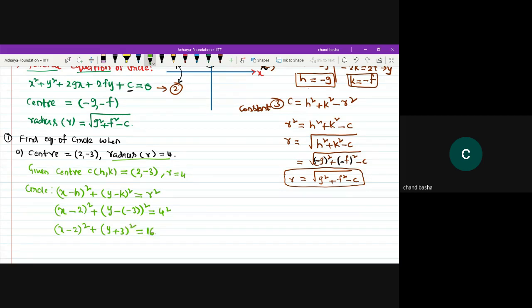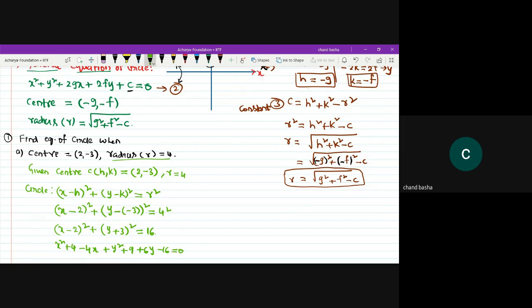It is not the required equation of the circle. Now always try to write the given equation in general form. As I said, when I'm expanding this, x square plus 4 minus 4x, y square plus 9 plus 6y minus 16 is equal to 0.